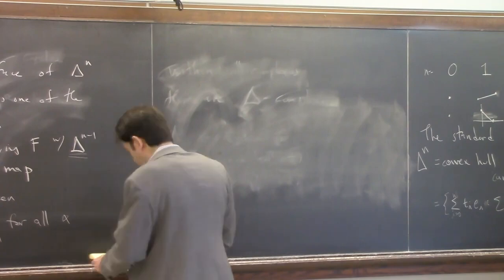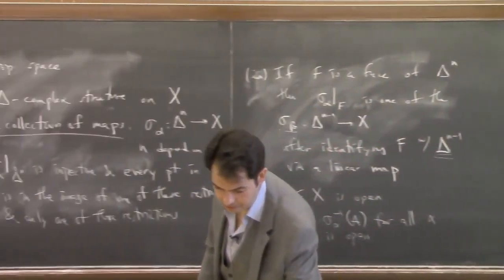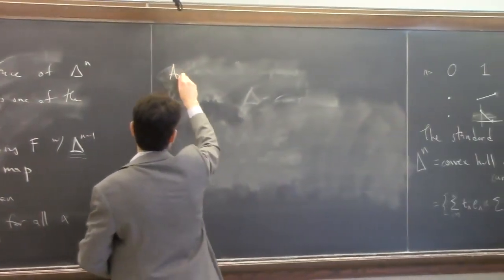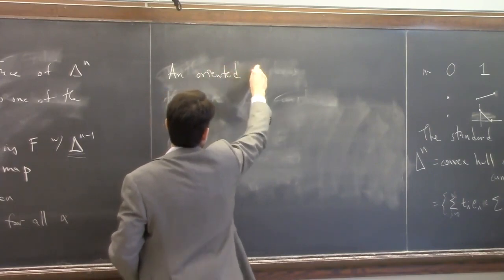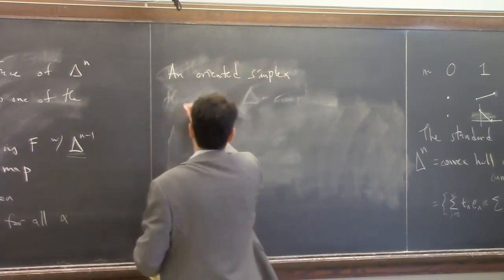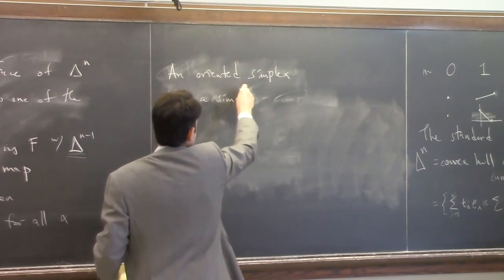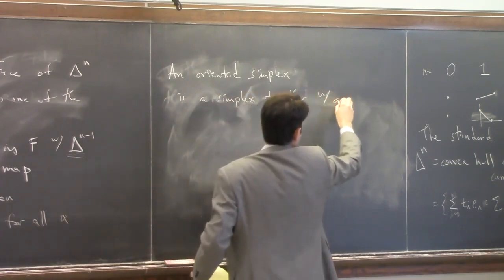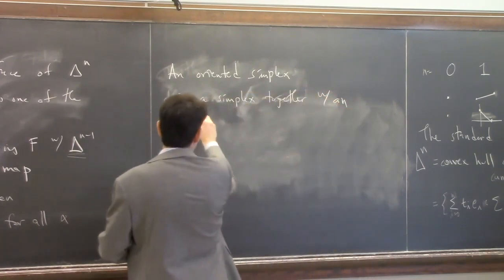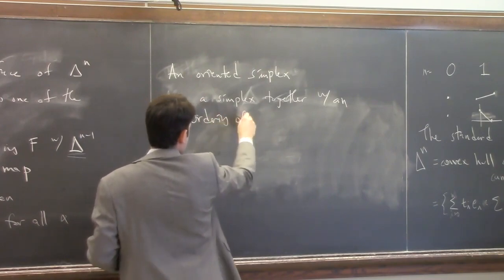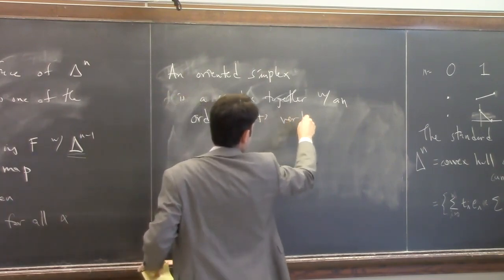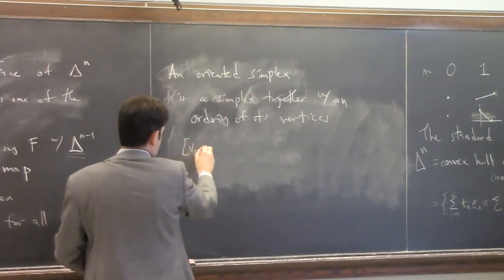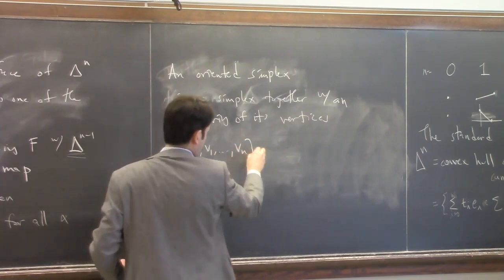Now, we want a little bit more structure because we want to talk about orientations. So we'll say that an oriented simplex is what you get when you have a simplex and an ordering of its vertices. Then we'll often denote it by just listing the vertices.